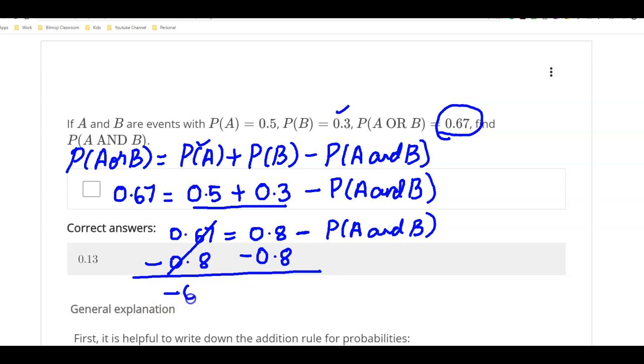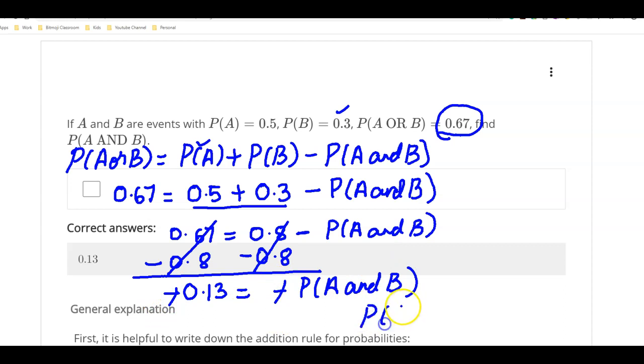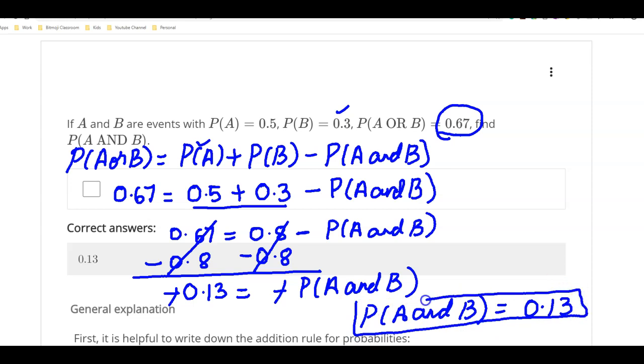I get negative 0.13 equal to minus probability of A and B. Both the negative signs cancel each other. What do I end up with? Probability of A and B is simply 0.13, and that is your final answer.